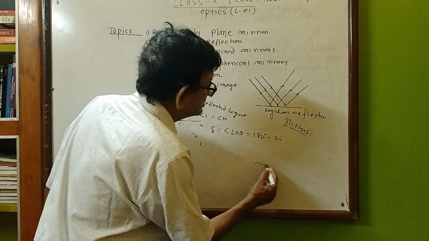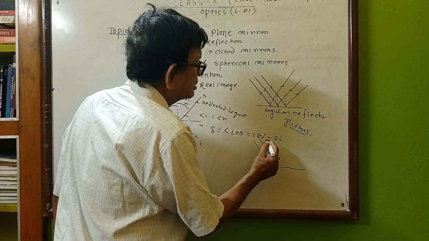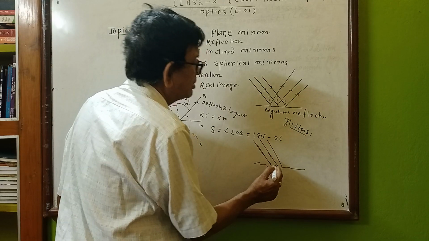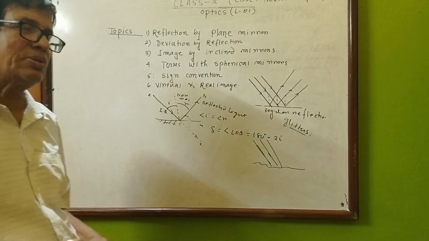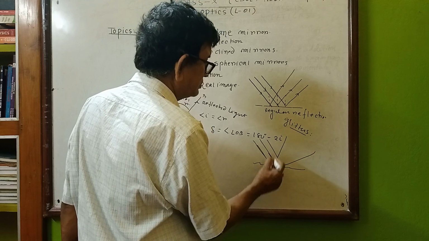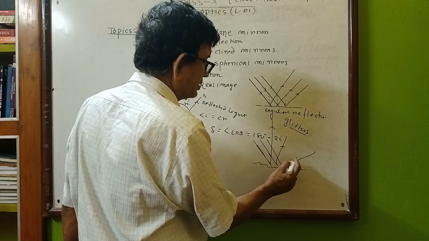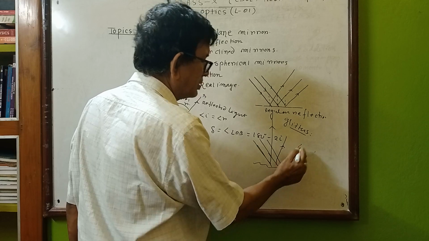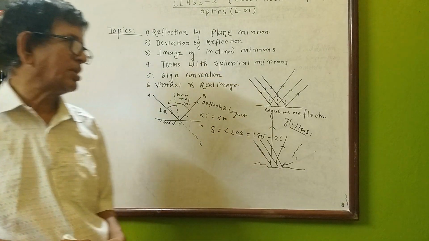But if the surface is rough, then parallel rays fall incident, but they reflect in different directions, following the laws of reflection. As a result, this portion does not glitter.